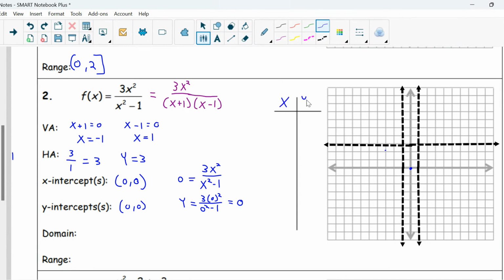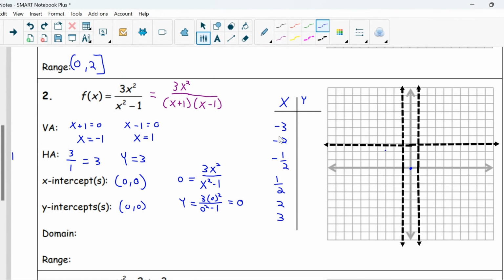So picking values here, I might choose -3 and -2, since those will be on my left. Maybe I'll do -1/2 and +1/2, since those will be in between. I already know my origin here. And then maybe I'll do 2 and 3 because that is on my right side.